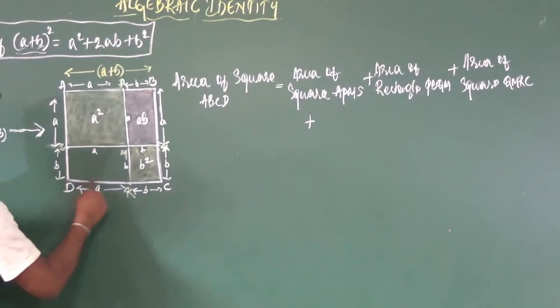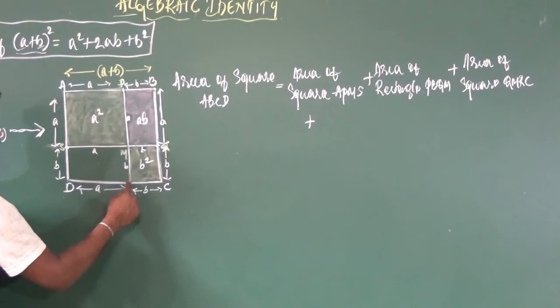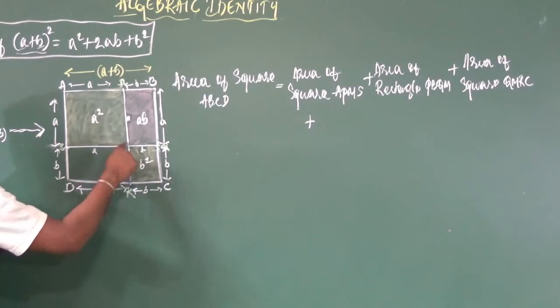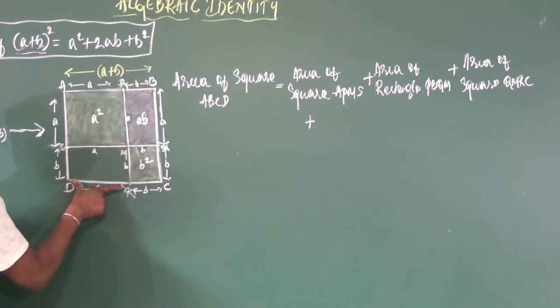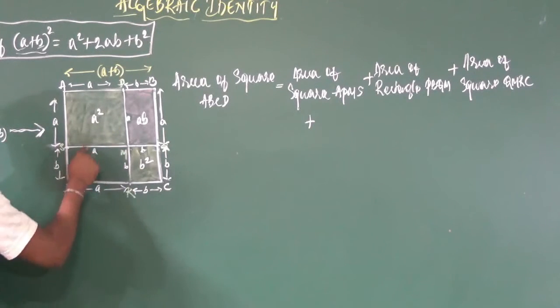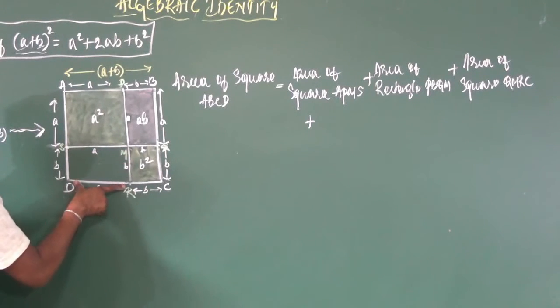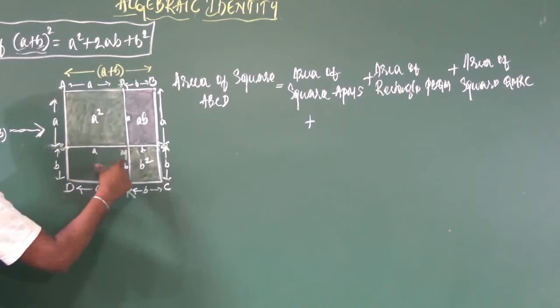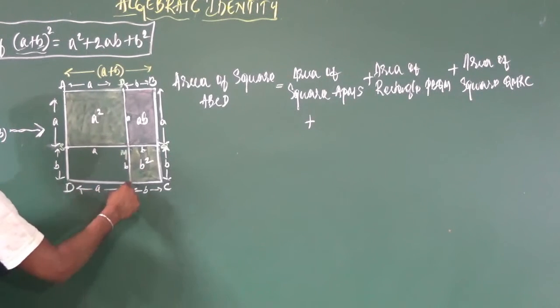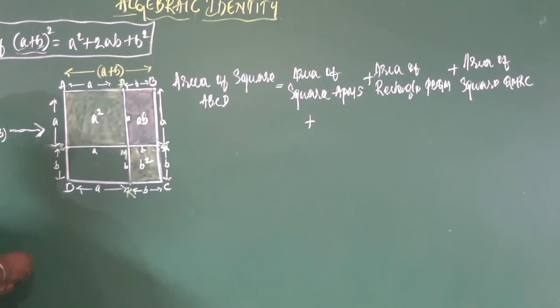So here its side is A units, its side is B units. So therefore A into B gives you the area of a rectangle here, because A is equal to A this length and B is equal to B this length. So opposite sides are equal and one of the sides is bigger than the other one. So we can see here that this is the length and this is the breadth. So length into breadth gives you the area of this polygon.